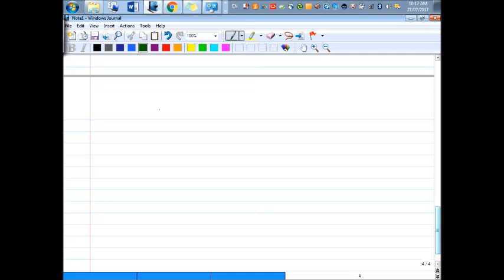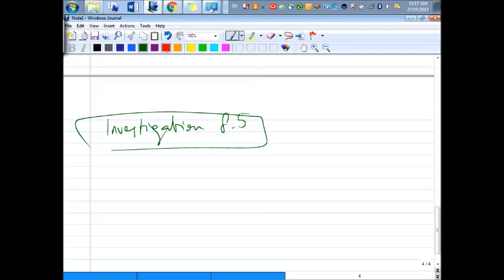So in your next page, investigation 8.5. This is what I want you to write. Okay, you have this word. Write down at the top, emission of infrared radiation. Spell it out.